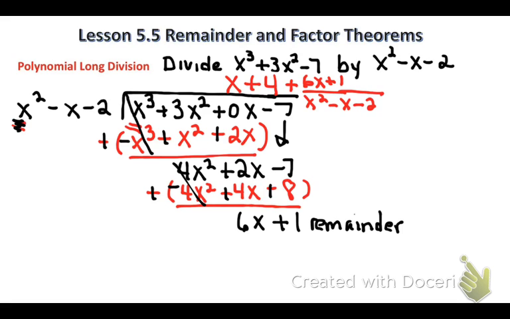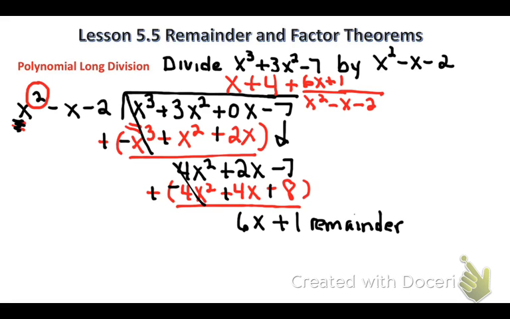The degree is higher in the divisor than it is in the remainder, so that is how we know it is finished. We can check our answer by multiplying the divisor with the quotient and then adding in the remainder.